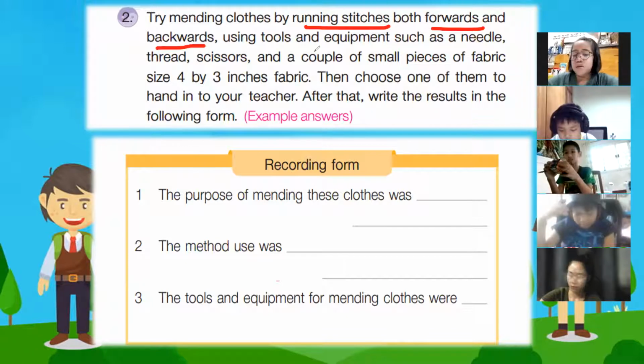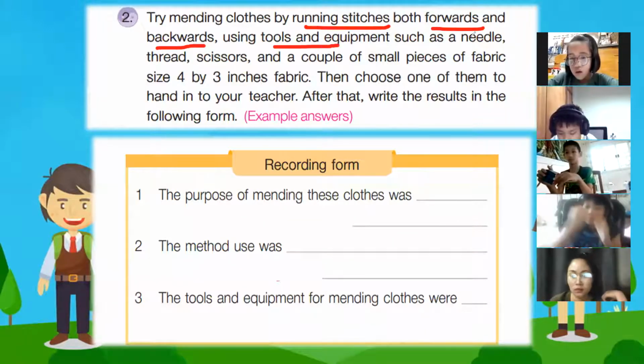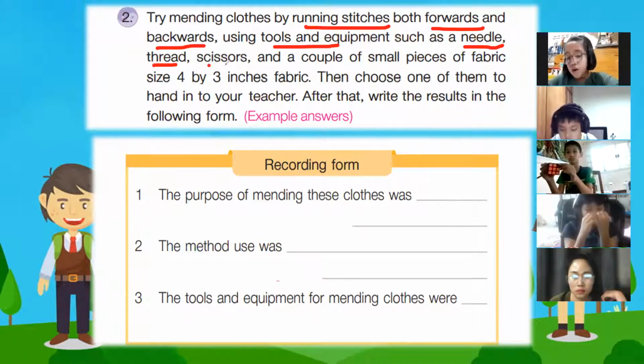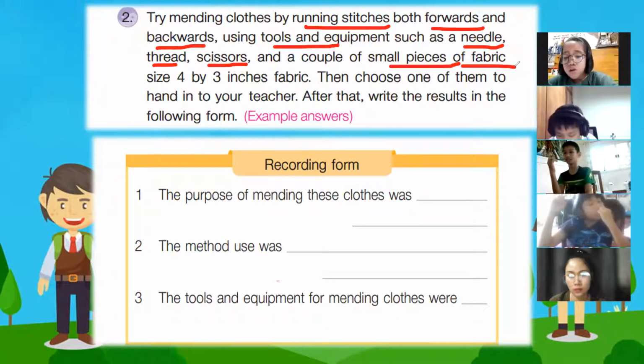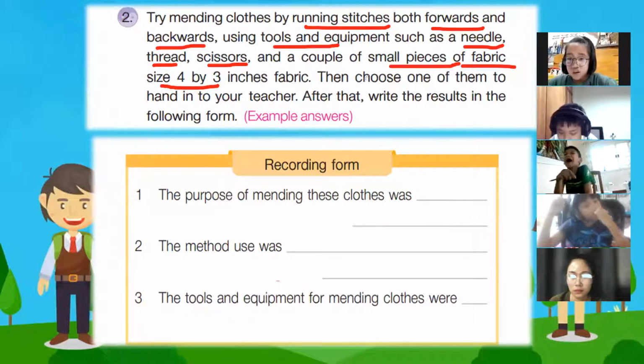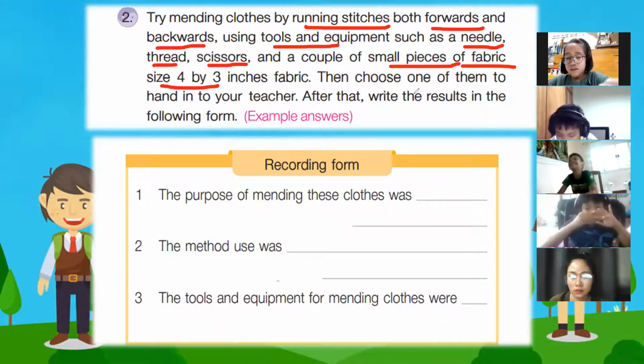Okay, using the tools and equipment such as needle, thread, scissor, and a couple of small pieces of fabric. Just a small cloth you can use, which is not usable, which is free of use. The size you can make like 4 to 5 inches, and then choose one of them to hand in to your teacher.